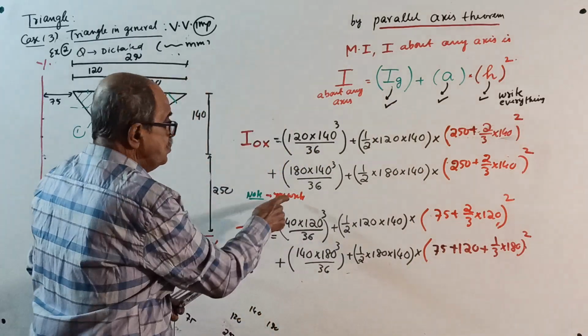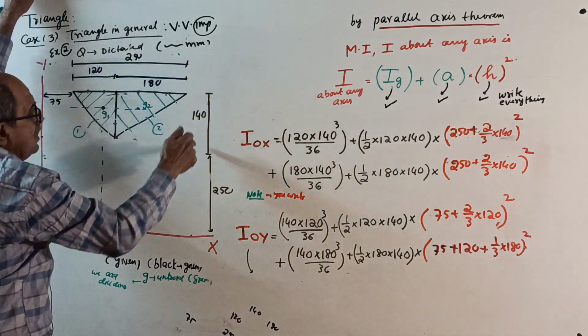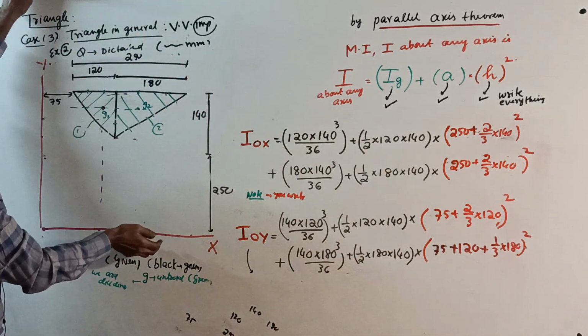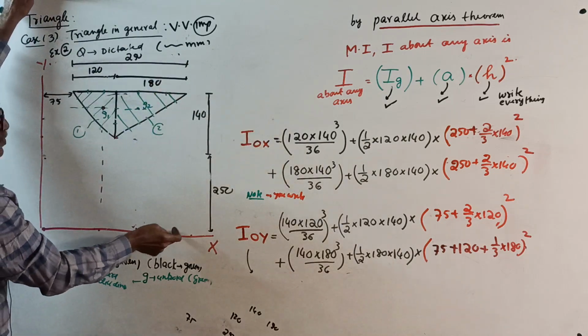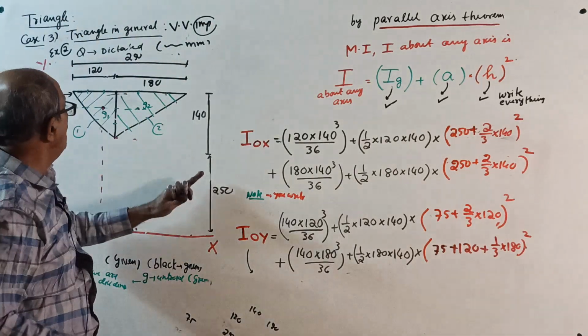Or, note, you write, directly you can do 250 into 140 cube by 12, full triangle, plus area into 250 plus 2/3 of 140. If you got courage, you can do it, but you cannot do it for YY.